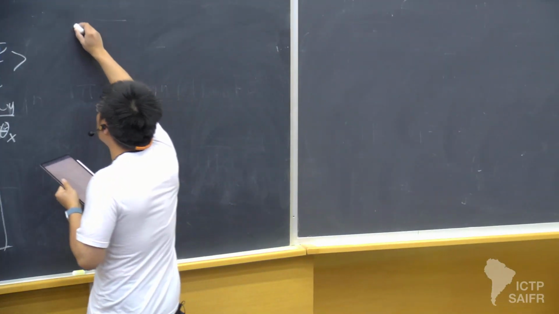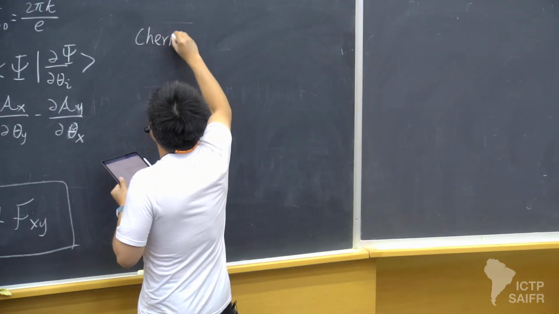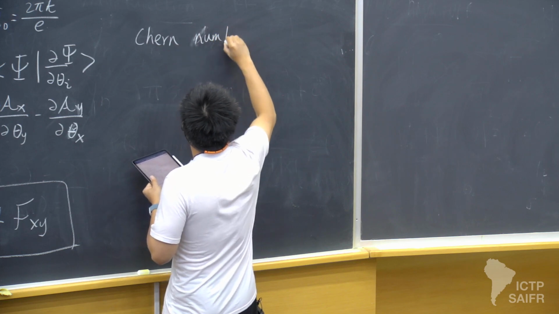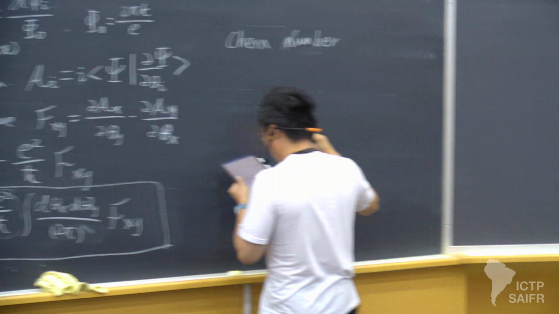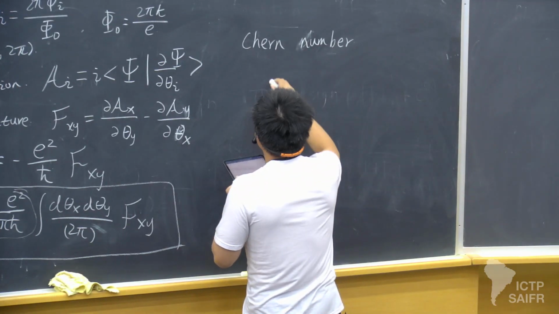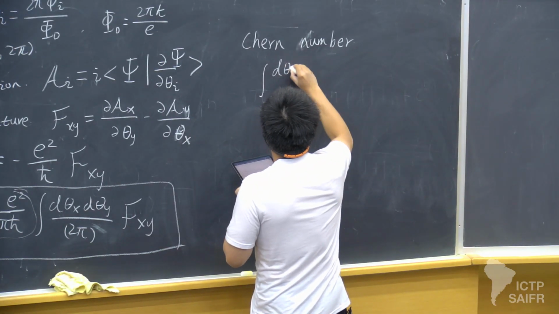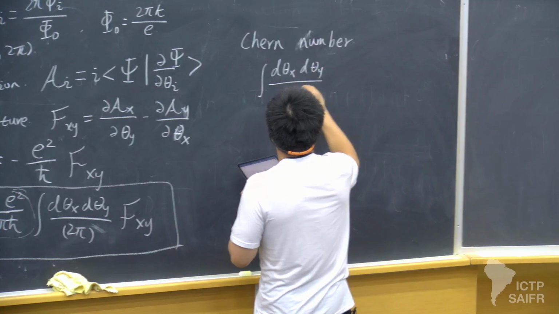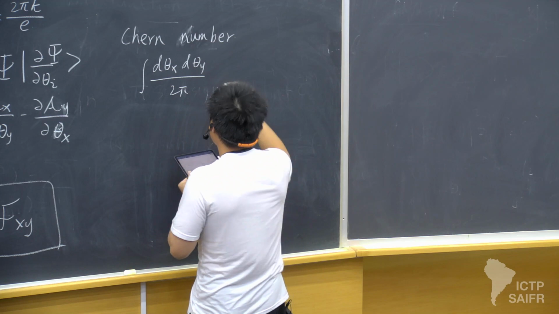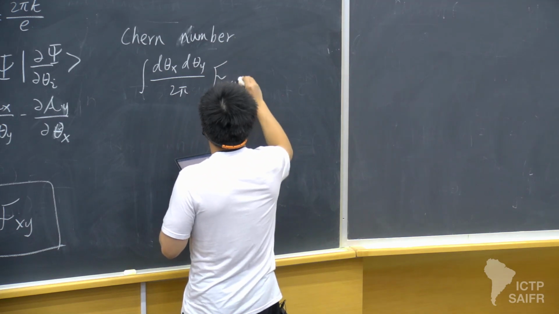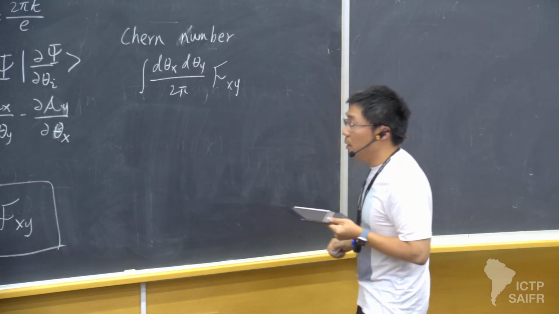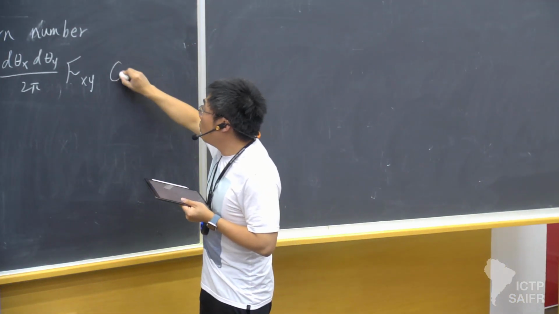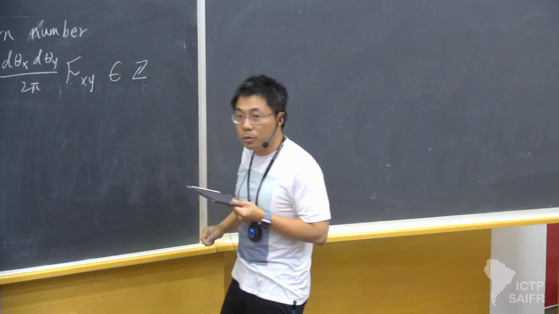The integral over theta_x and theta_y over 2 pi of F_xy, right? This is called the Chern number, and it will always be quantized to be an integer.